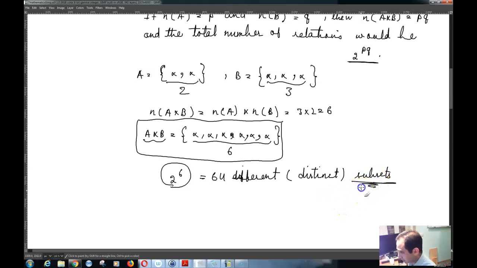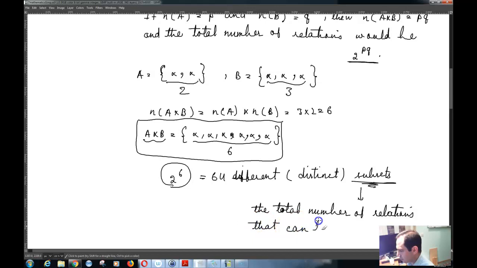And that is the same thing as the total number of relations that can be defined considering A and B, and of course the Cartesian product of A and B. So that's basically this, which is something important.